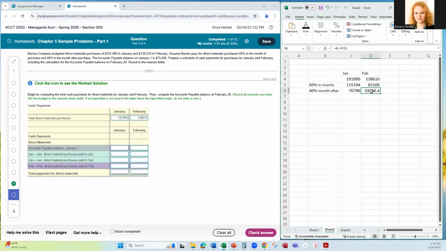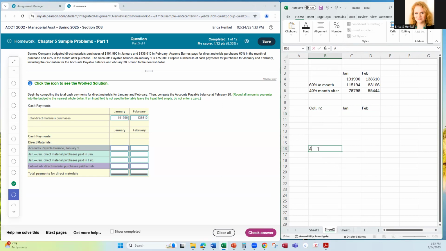Click for, oops, D4 should be. There we go. So these are the percentages, right? What are we going to collect in January and February? Well, we also had coming into January $75,000.